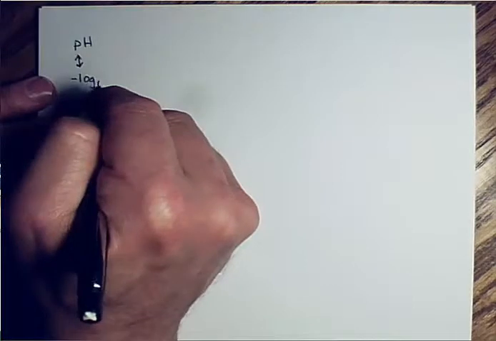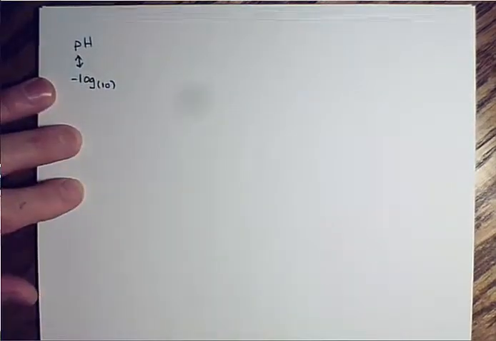That's all it means. Now, technically, when I say logarithm, I don't define what kind of logarithm. It means a logarithm base 10. So this is the negative logarithm of something.